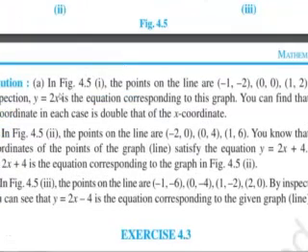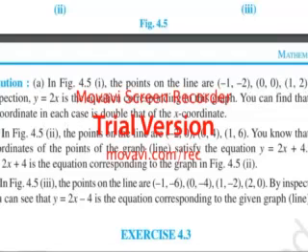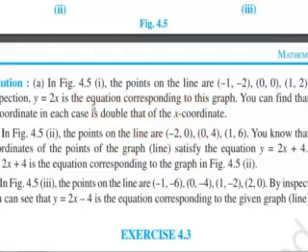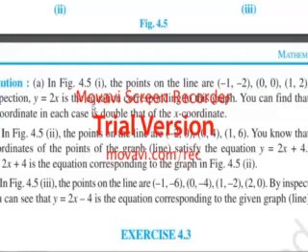In figure 4.51, the points on the line are (-1, -2), (0, 0), (1, 2). By inspection, y is equal to 2x. That means we can find it by inspection only. We put the values in the equation, and all the coordinates, not only a single coordinate, must verify the given equation. If the equation becomes true for all the coordinates, only then that equation satisfies the line.